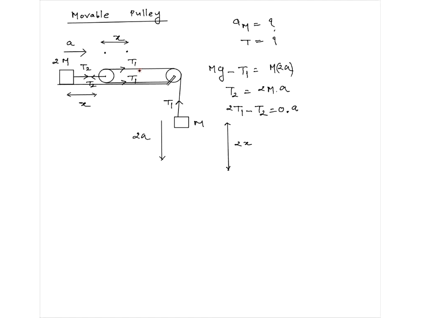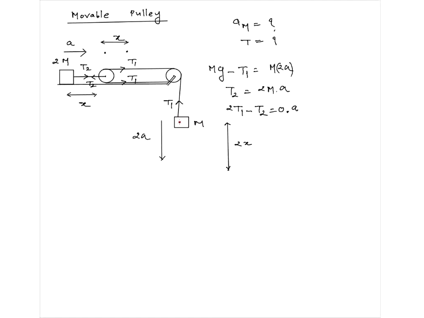When this point comes here, this much length of string plus this much length of string, x plus x, that 2x length is drawn by this capital M. I repeat, when this point comes here, this x plus this x, 2x length of the string moves forward and goes down.